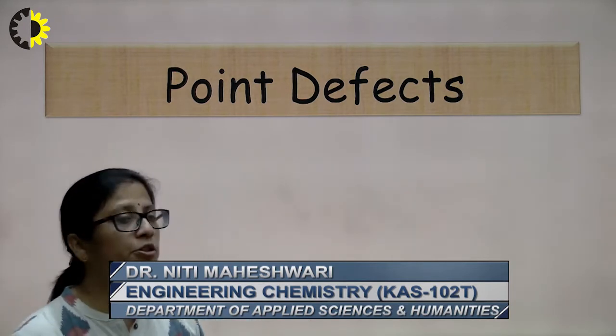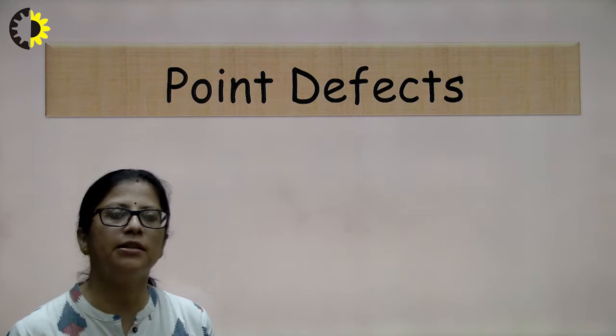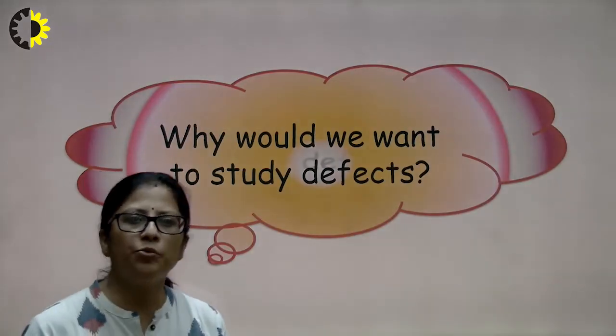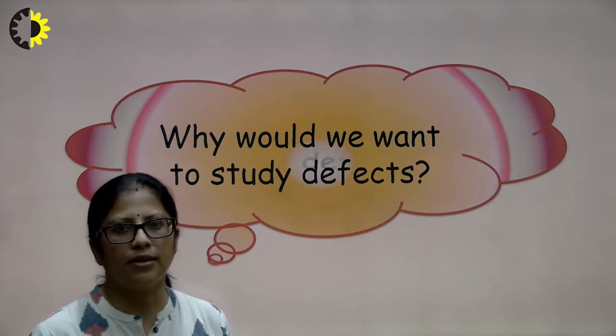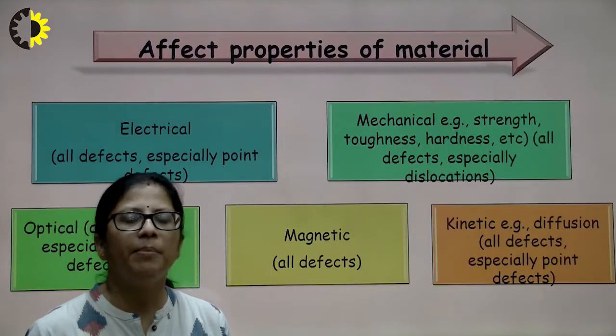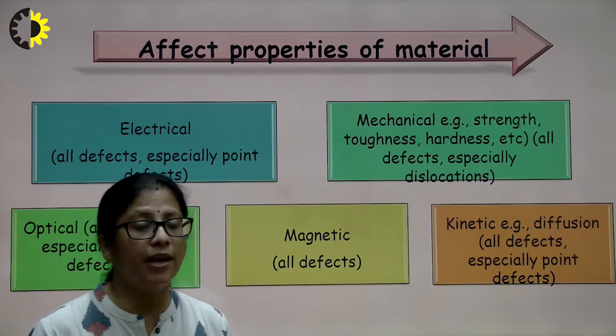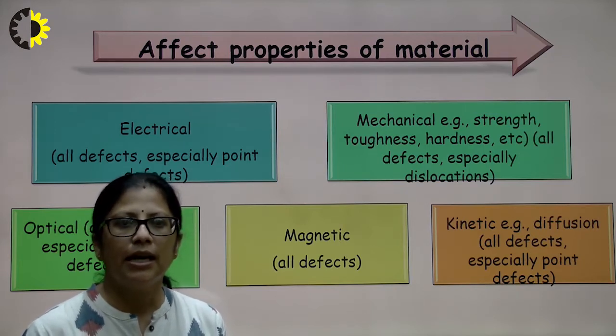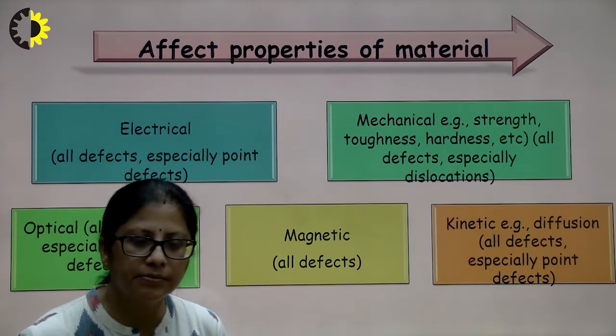Today I will be taking the topic of point defects. Now, why would we want to study defects? Because the defects affect the properties of the material. Electrical properties are affected.